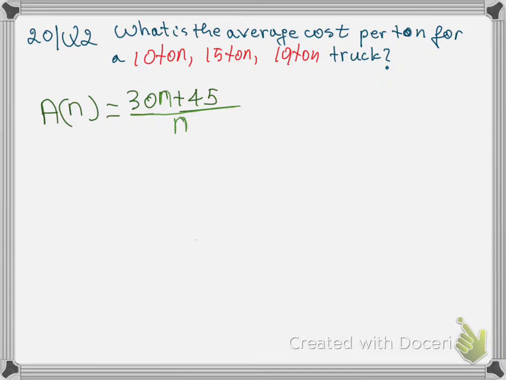On question 2 of number 20, we're asked to calculate the average cost per ton for 3 scenarios. The first scenario is 10 tons, the second scenario 15 tons, and the third scenario 19 tons.